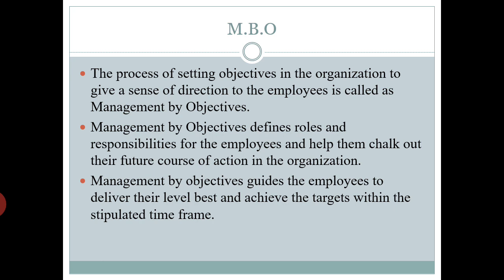The term management by objectives was first outlined, coined, propounded by whom? By the management guru Peter Drucker, in the year 1954. And where did he outline this contribution? In the book titled The Practice of Management.